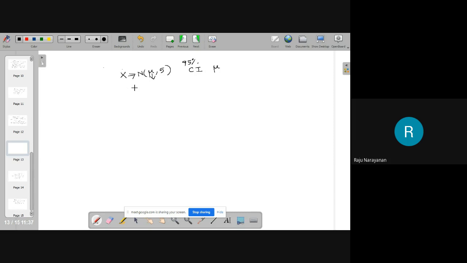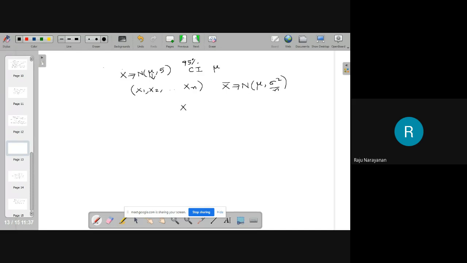And yesterday I told you that if you have sample values x1, x2, etc., these are your evidences. Using these evidences, you have to arrive at a judgment. Then X bar follows normal distribution with mean mu, variance sigma square by n. This you can easily prove.